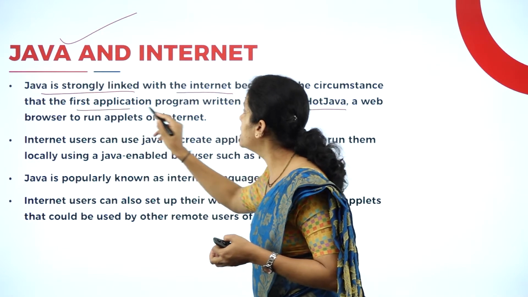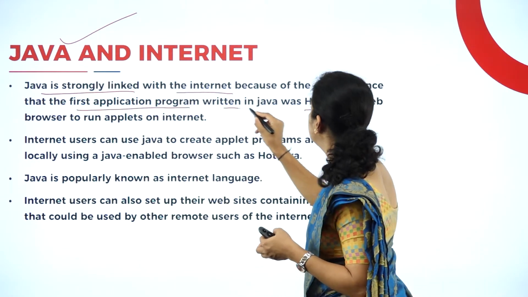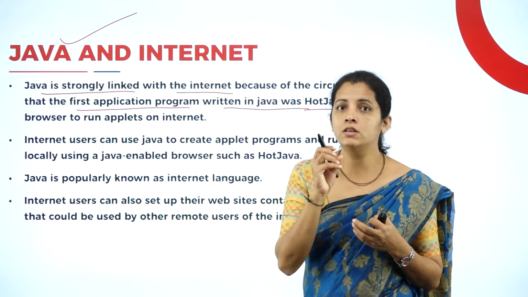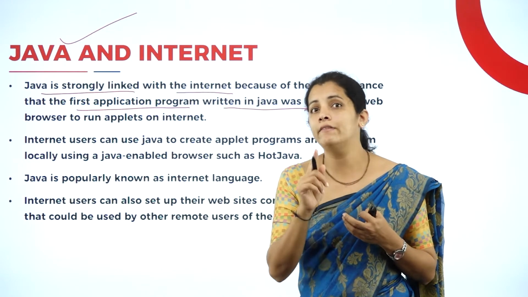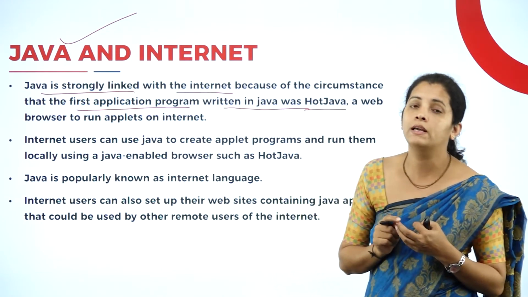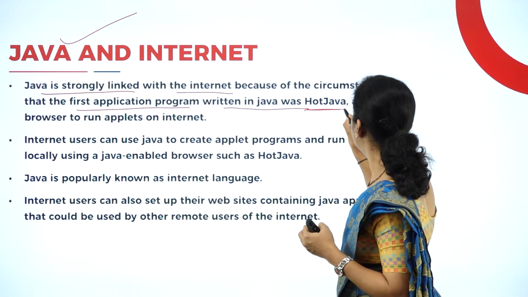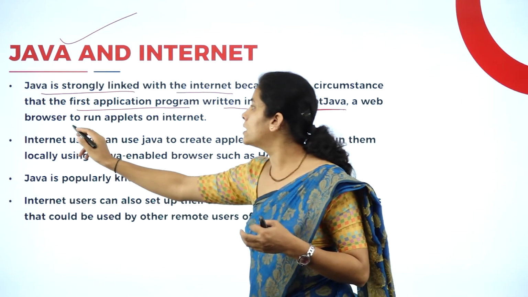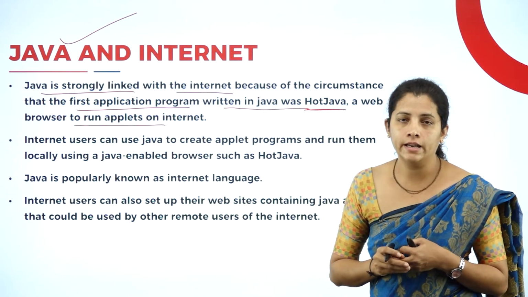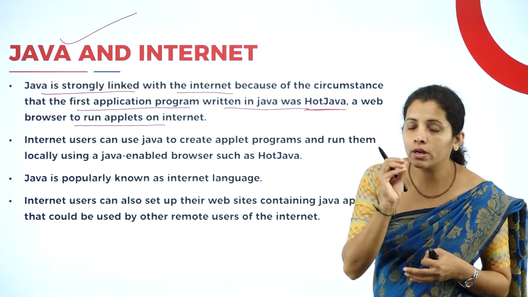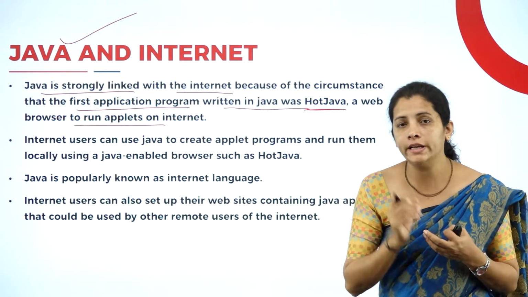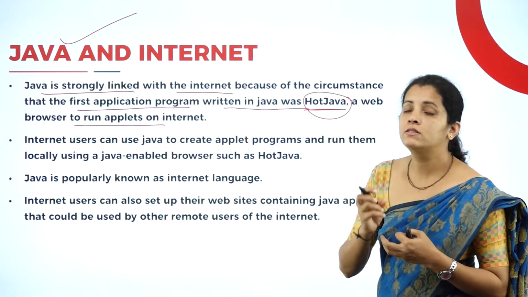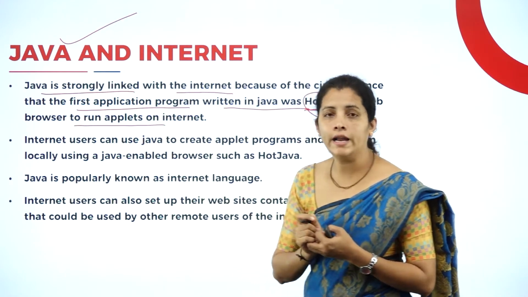The first application program written in Java was HotJava. So the first browser designed and developed using the Java programming language is HotJava, a web browser to run applets on the internet. That means whenever you want to run any applet programs on the internet, we require HotJava. So this is the link between Java and internet.